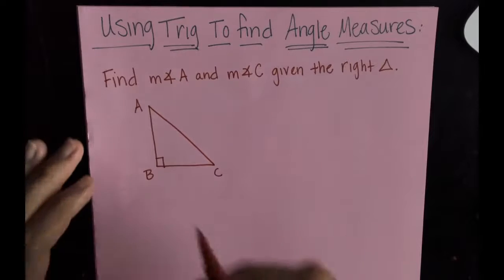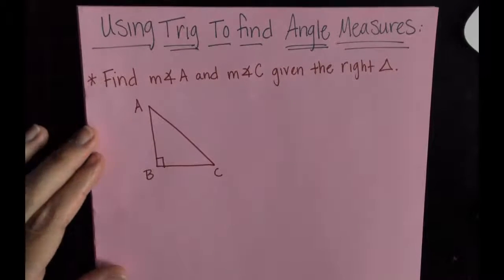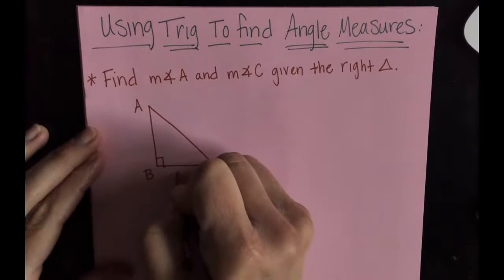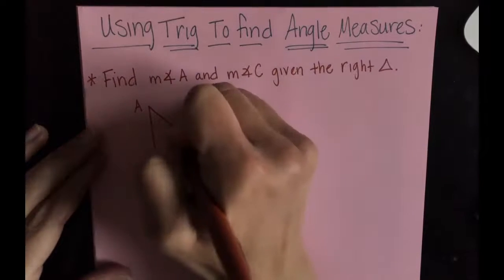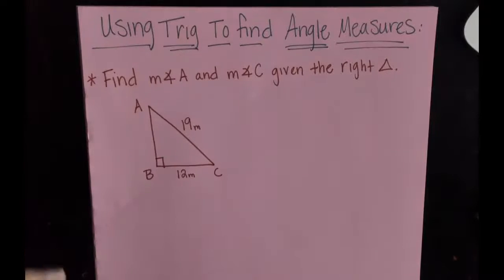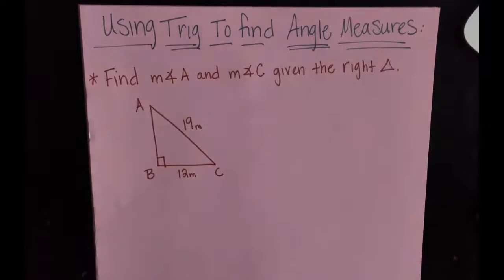The given information is going to be that I will make this side 12 meters and I will make this side 19 meters. I want to find the measures of the angles.